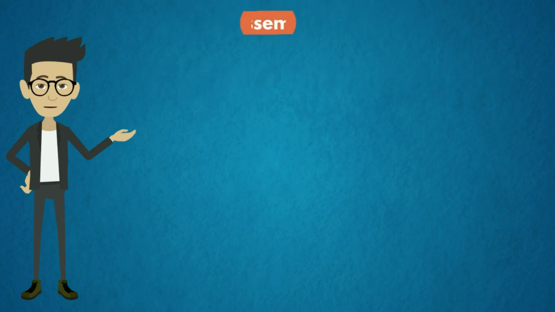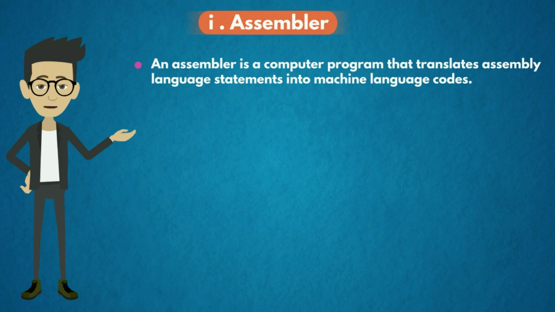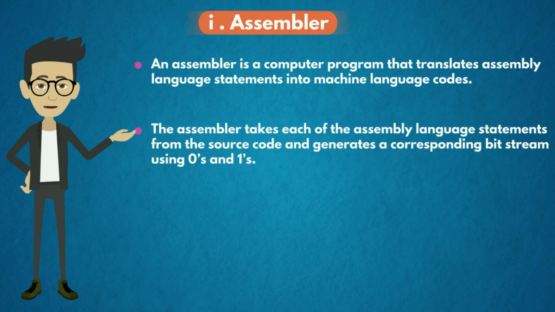The first system tool is assembler. Let us discuss in detail. An assembler is a computer program that translates assembly language statements into machine language codes. The assembler takes each of the assembly language statements from the source code and generates a corresponding bit stream using zeros and ones.